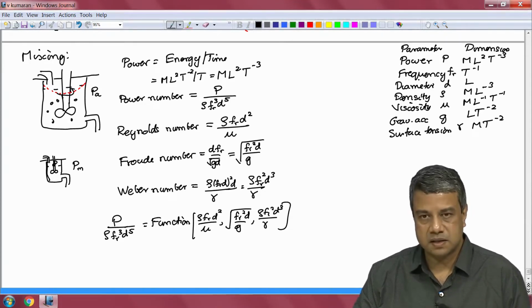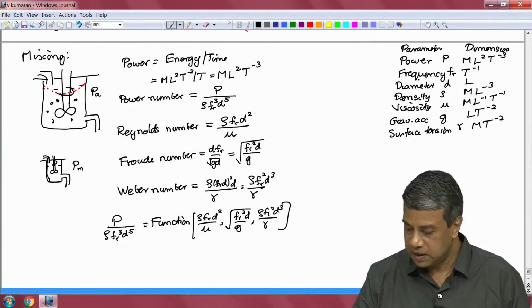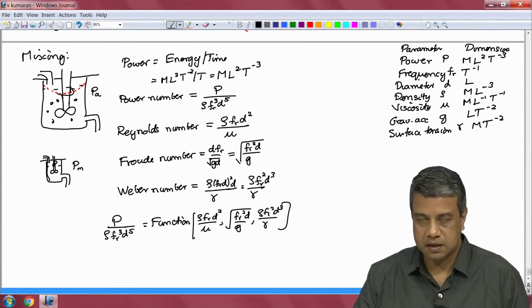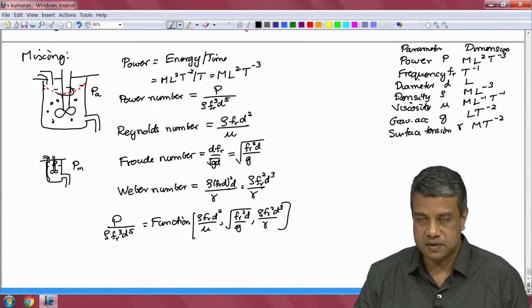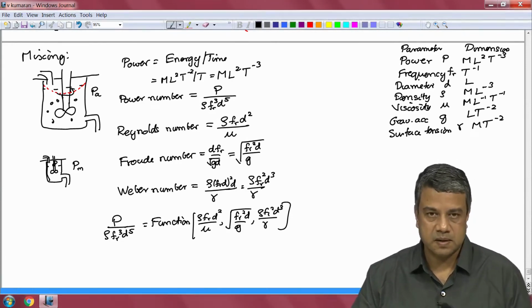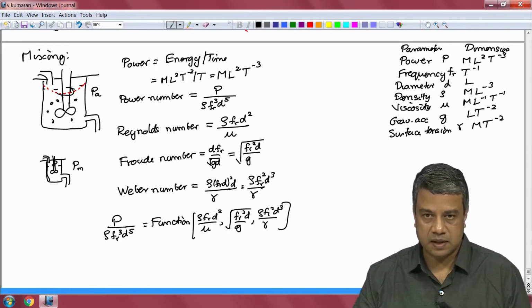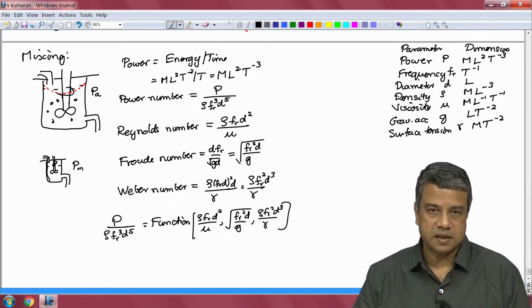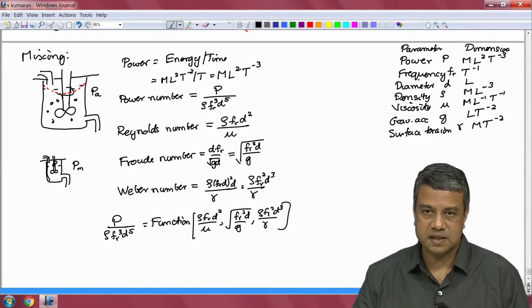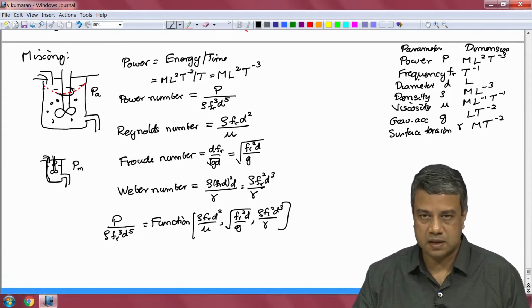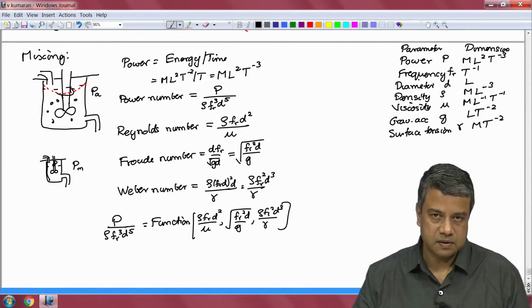Then you have to keep the Reynolds number and the Froude number the same if those are relevant, and if you do keep both of those dimensionless groups the same between the actual and the model reactor, then the power number has to be the same. So, basically if all the parameters on the right side are the same between the model and the actual, then the left side will also be the same.